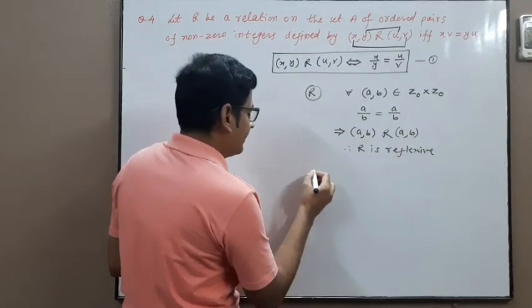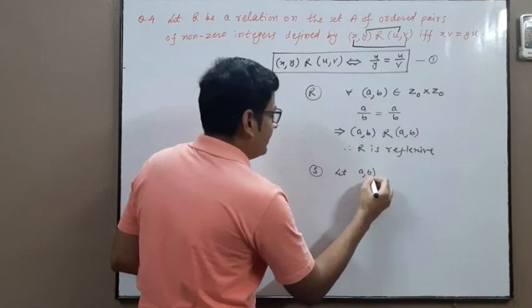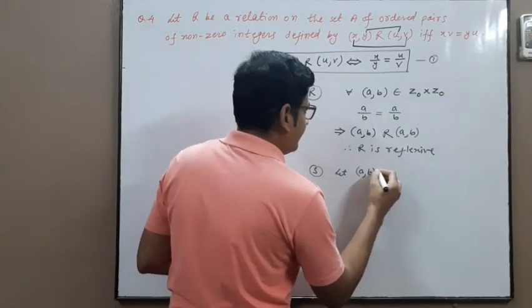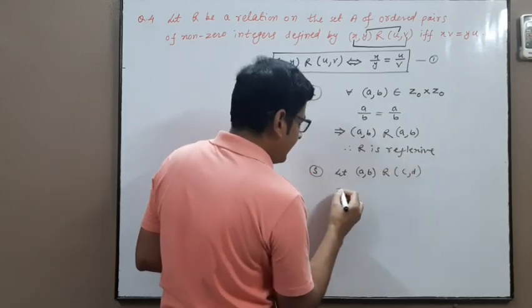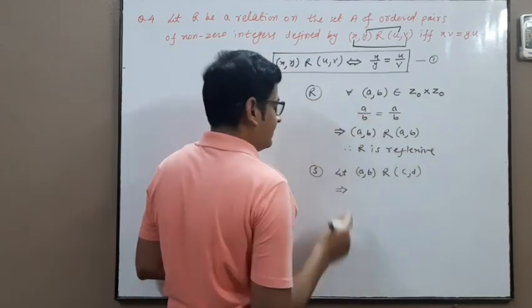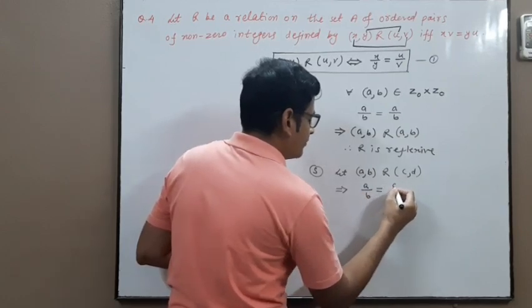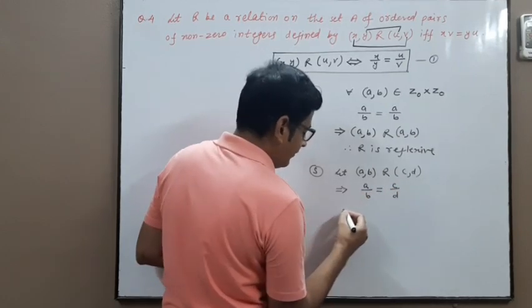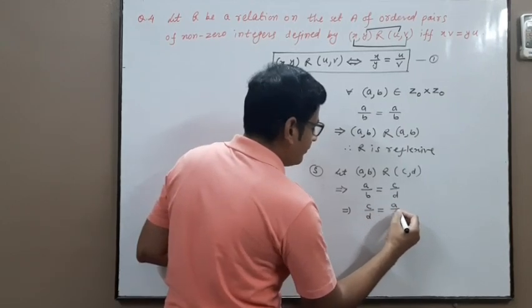For symmetric, let (a, b) be related to (c, d). This implies, by definition of the relation, a upon b is equal to c upon d. We can also write c upon d is equal to a upon b.